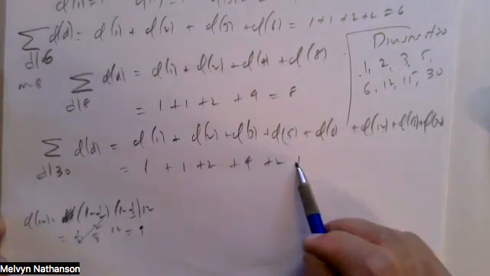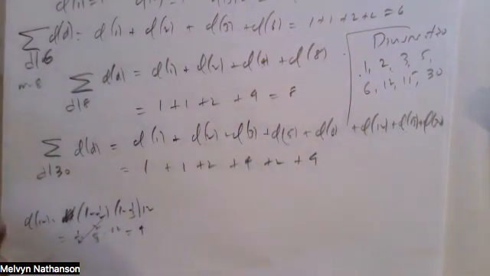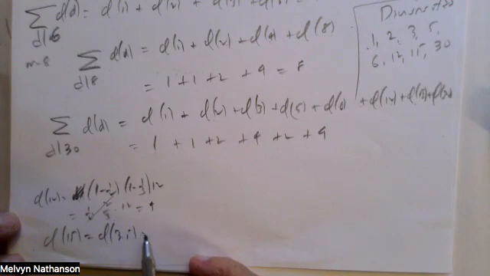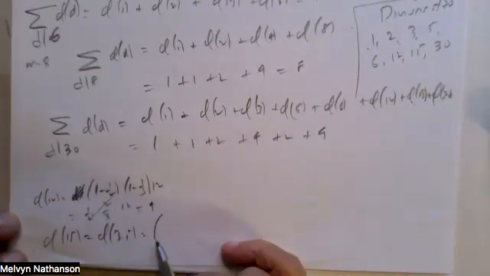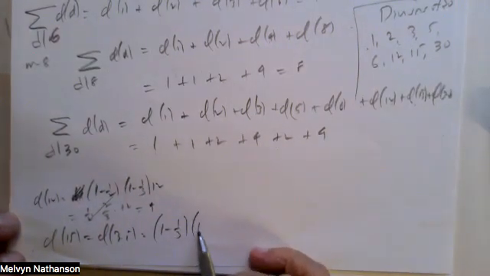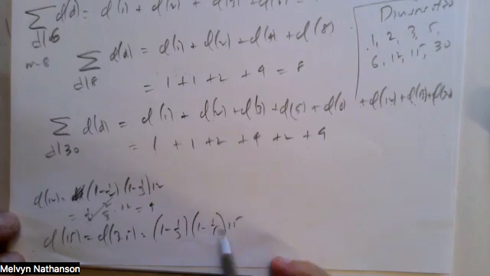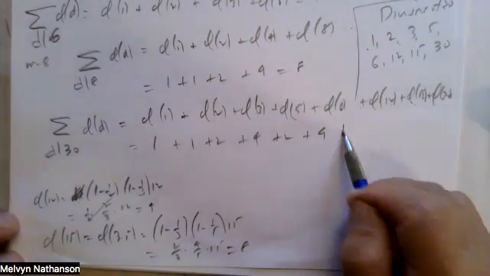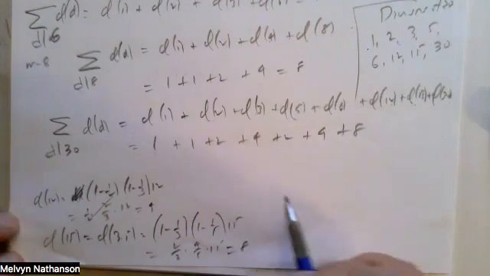So phi of 12 is 4. What is phi of 15? 15 is 3 times 5. The prime divisors of 15 are 3 and 5. So I get 1 minus 1/3, 1 minus 1/5, times 15. That's 2/3 times 4/5 times 15. That's 8. And what is phi of 30?